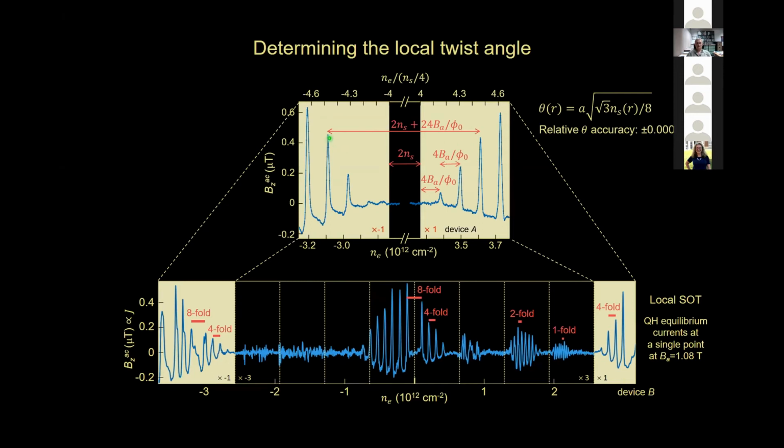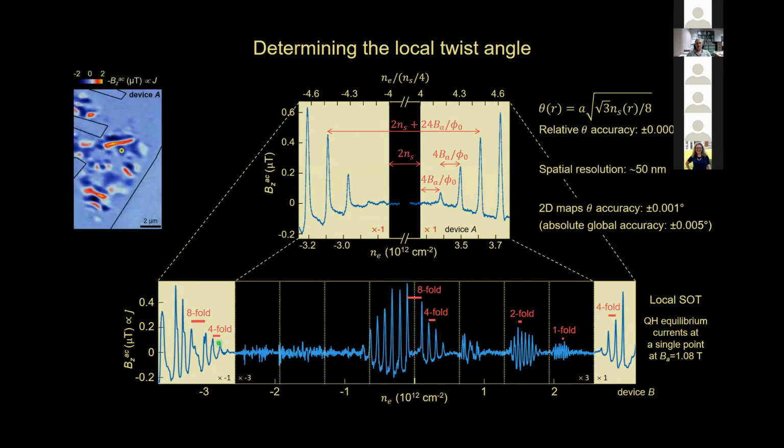So this gives us a fantastic accuracy in determining ns, which translates into a relative accuracy in theta of just 0.2 millidegrees. And this is with spatial resolution of about 50 nanometers. In the following, I'll show you 2D maps of theta, which we take with larger steps. And therefore, we can attain 2D maps of theta with an accuracy of 1 millidegree.